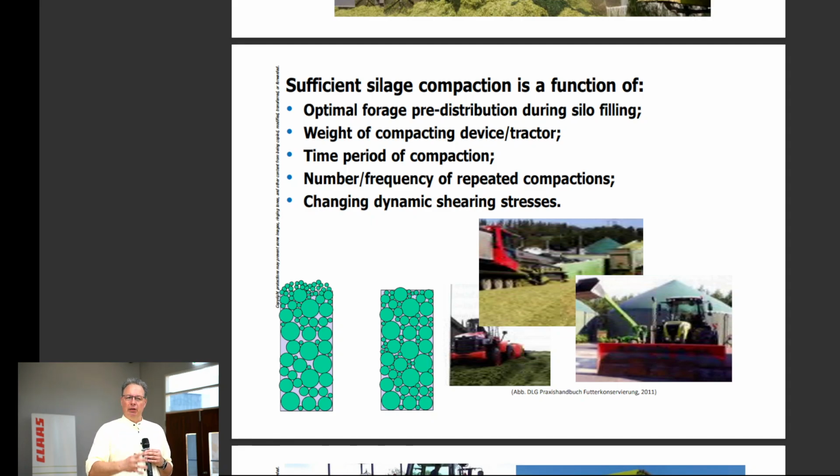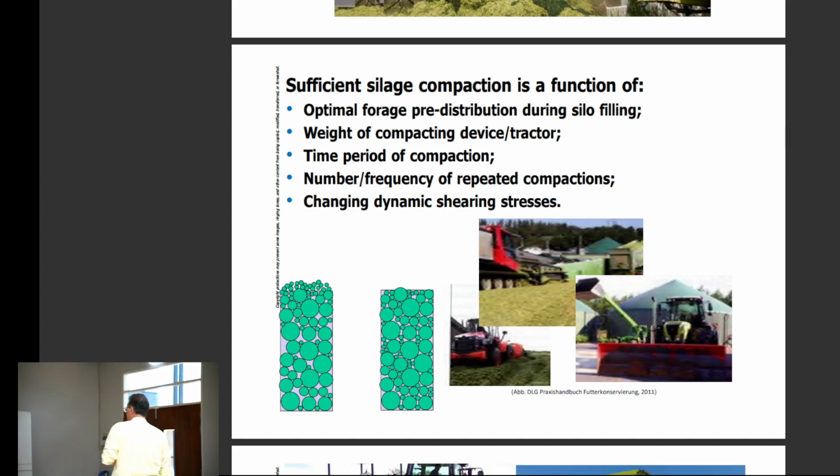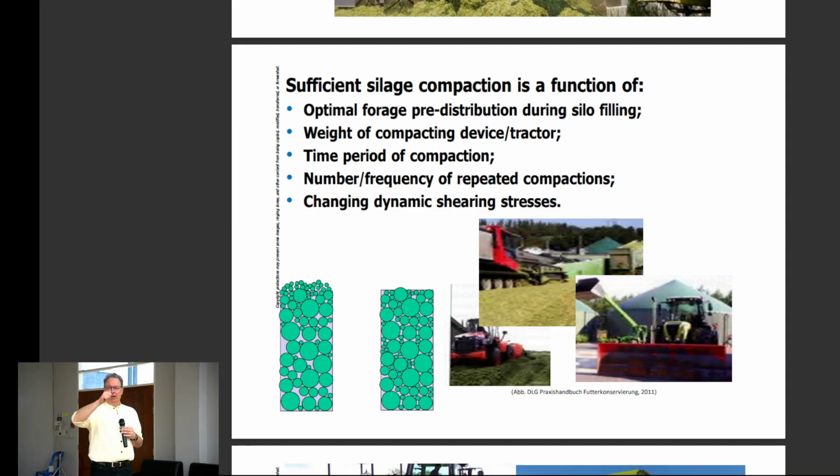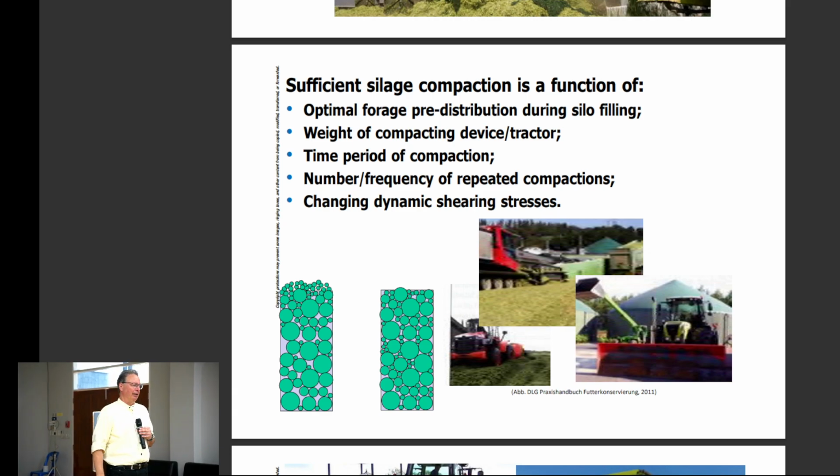So really slow, that you really are able to use the weight of the machine to do the compaction. Then the frequency of repeated compactions, again as a rule of thumb, at least 3 to 4 times over every spot. So that should, if the length of the silage is all right, should be okay.